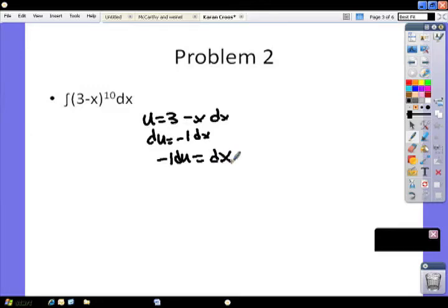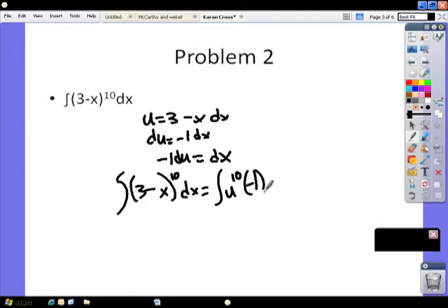Now you plug it back in, see that the integral of (3 minus x) to the 10th dx equals the integral of u to the 10th times negative 1 du.